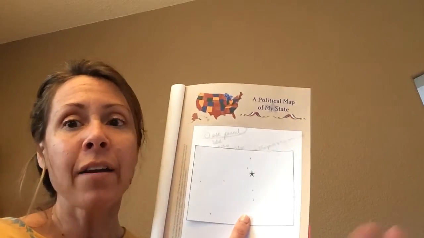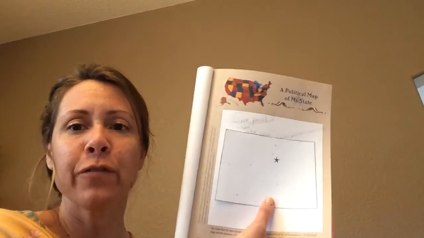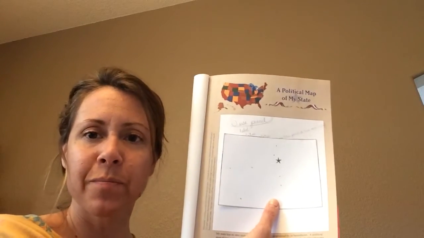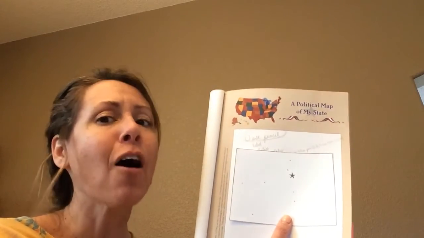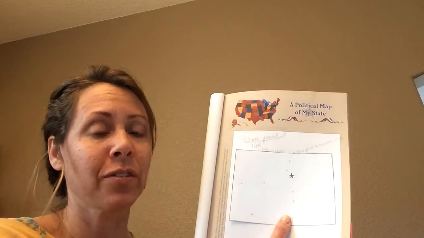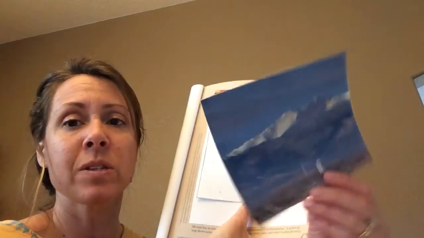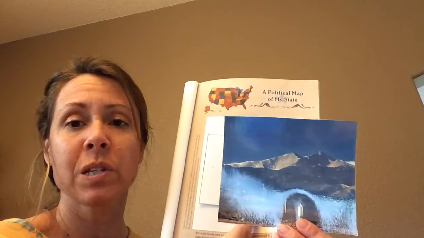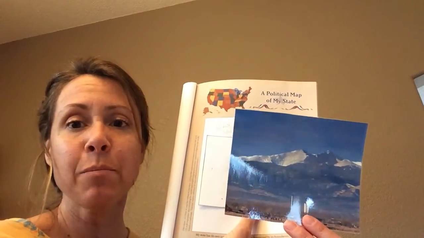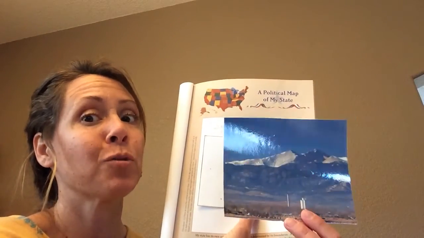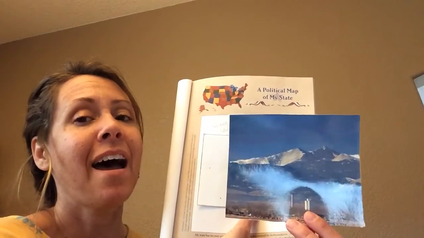And in Colorado alone, we have 54 14ers. That's a lot of mountains over 14,000 feet. And Long's Peak happens to be our closest 14er that you can see probably from your town that you live in.